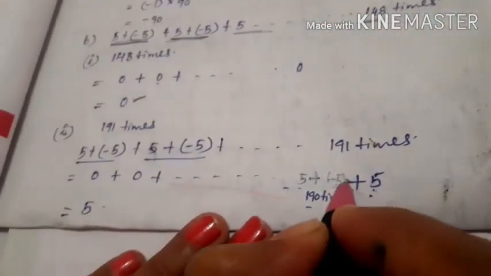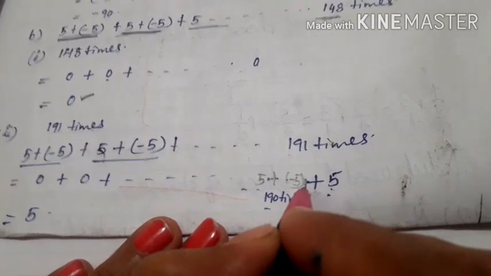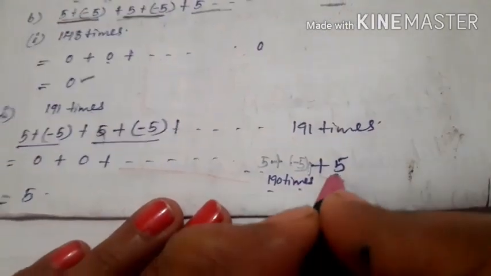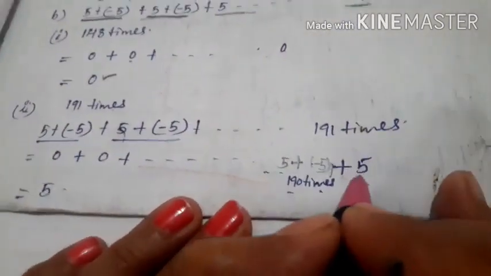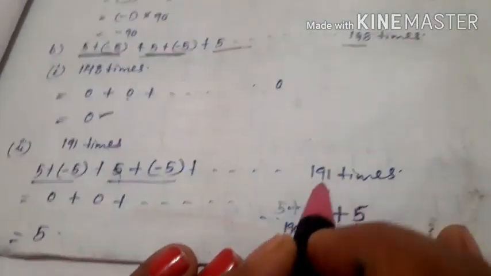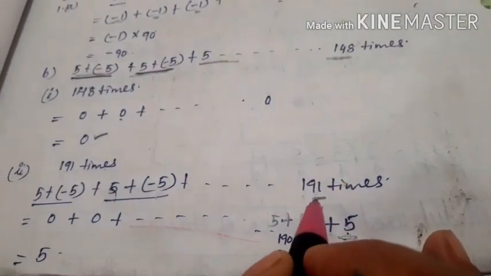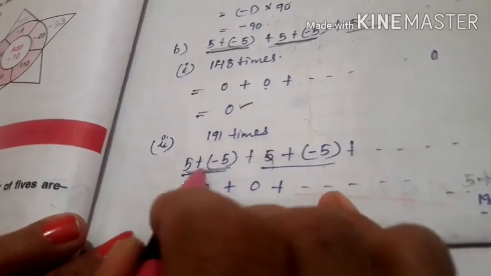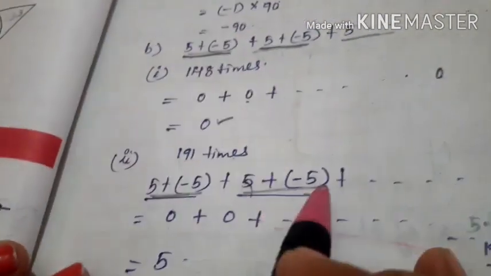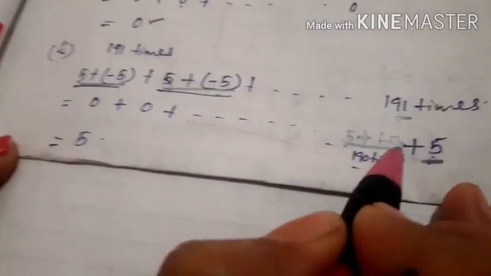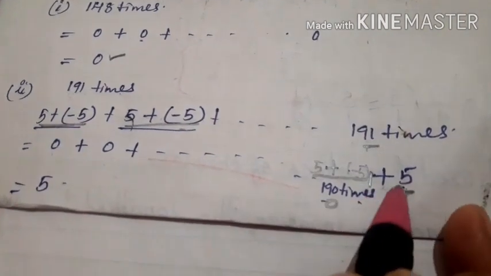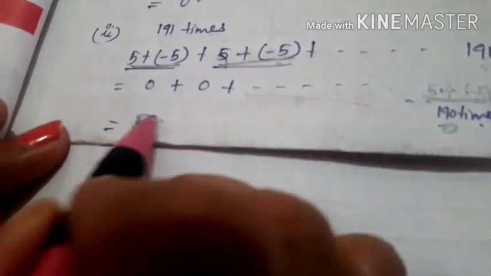This is called 190 times, you will get up to here. Then the extra 191st time, your 5 comes in, because it is an odd number. Okay, that is, these two values are 0, like this these two values up to 0. What is left? 5 is left. That's why 0 plus 5 is the answer. That means its answer is 5.